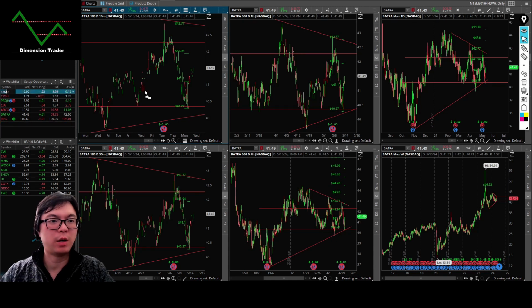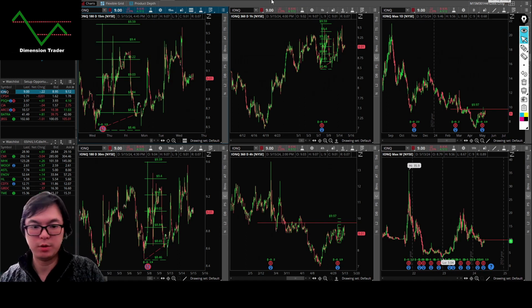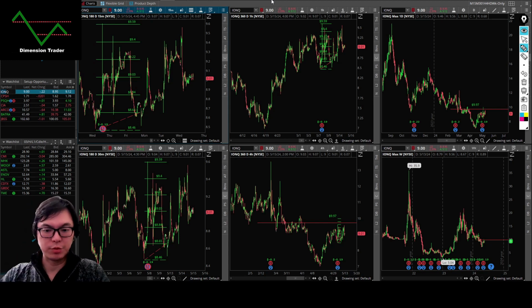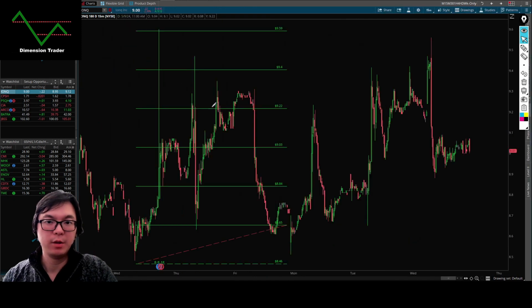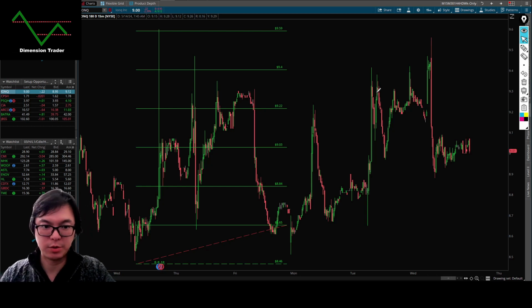Let's do IONQ, as we recognized this one as a setup a couple days ago. The reason I want to pull this one is because I want to show you the price cycle can be recognized in any time frame. That is going to be the same application when you find your trading position.